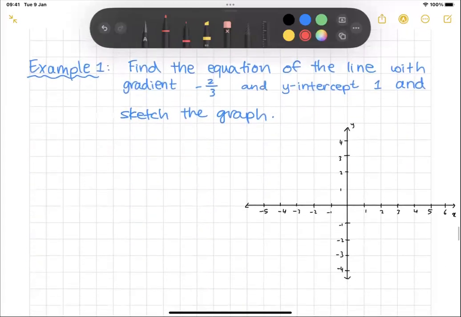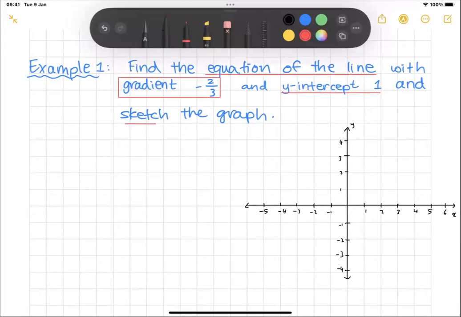Okay. Example 1: find the equation of the line with gradient -2/3 and y-intercept 1 and sketch the graph. So anytime that I come across a question, let us break it down. I need to find the equation of the line with a gradient of -2/3 and a y-intercept of 1. Then I need to sketch.